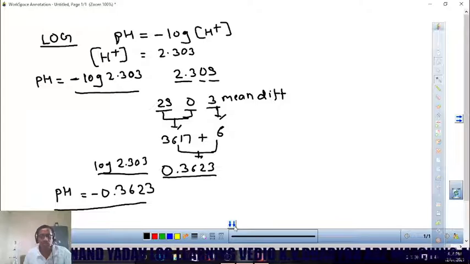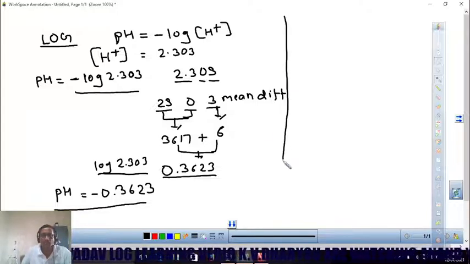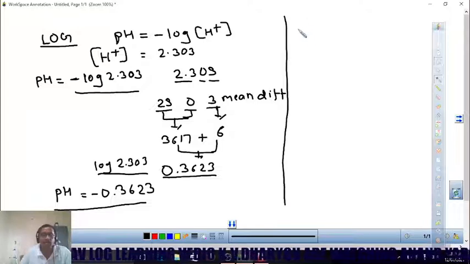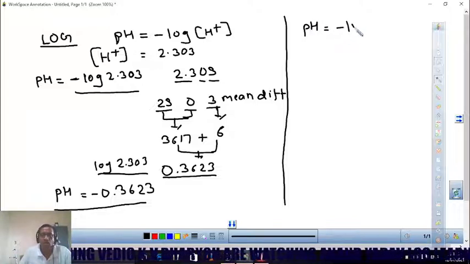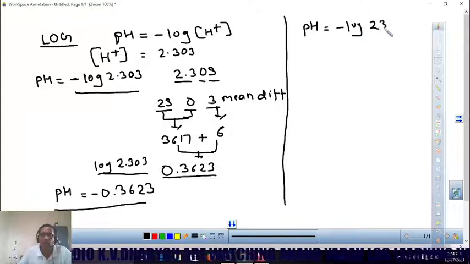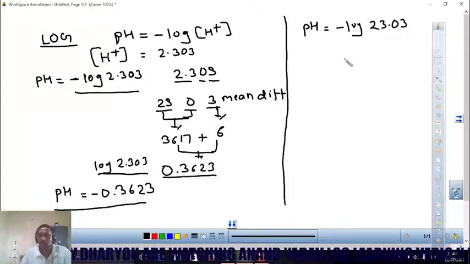Now see some more. If you have a value like that, pH is equal to negative log of 23.03. If the number is like that, then the first thing you have to do is convert it into scientific notation.